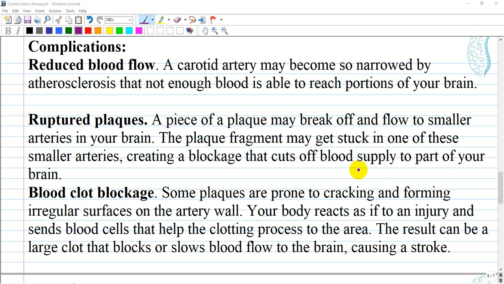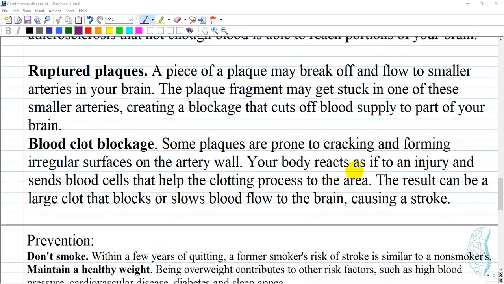A fragment of the plaque may get stuck in one of these small arteries, creating a blockage that cuts off blood supply to part of the brain. Blood clot blockage: some plaques are prone to cracking and forming irregular surfaces on the arterial wall.